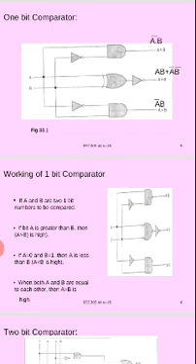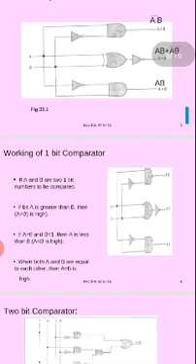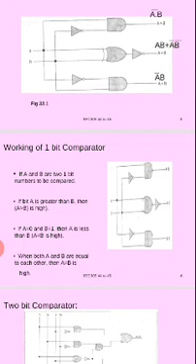If A equal to 0 and B equal to 1, then A is less than B. A less than B is high.